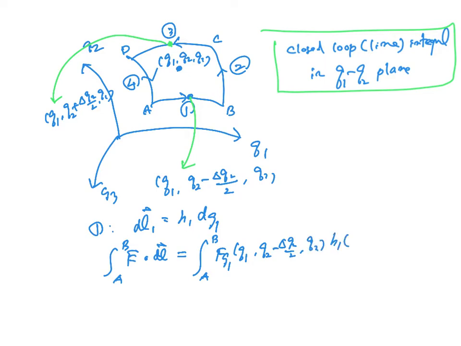H1 is also a function of Q1, Q2, Q3. So Q1, Q2 minus delta Q2 over 2, Q3, dQ1.